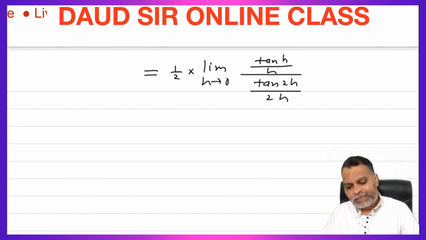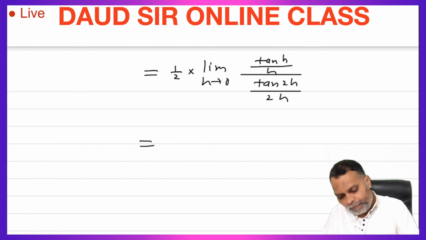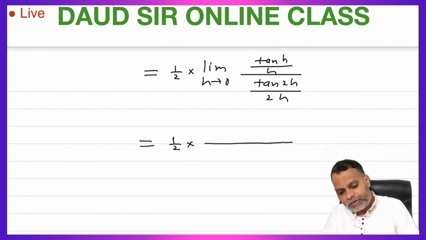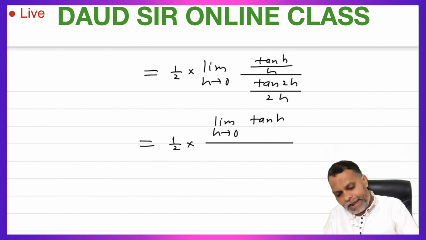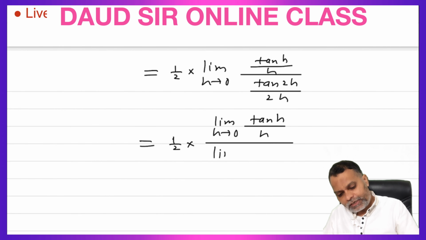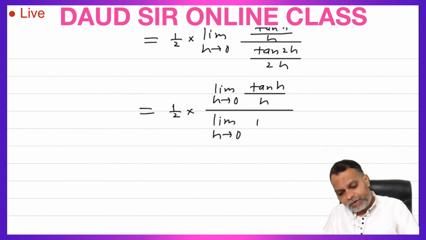Take the separate limits, 1 upon 2 into limit h tends to 0, tan h upon h, and in the denominator also limit h tends to 0, tan 2h upon 2h.